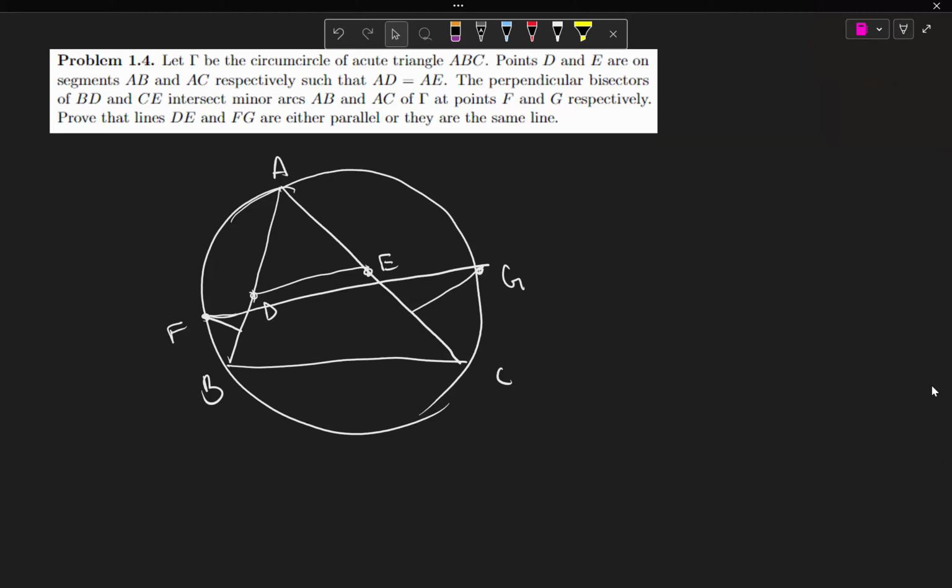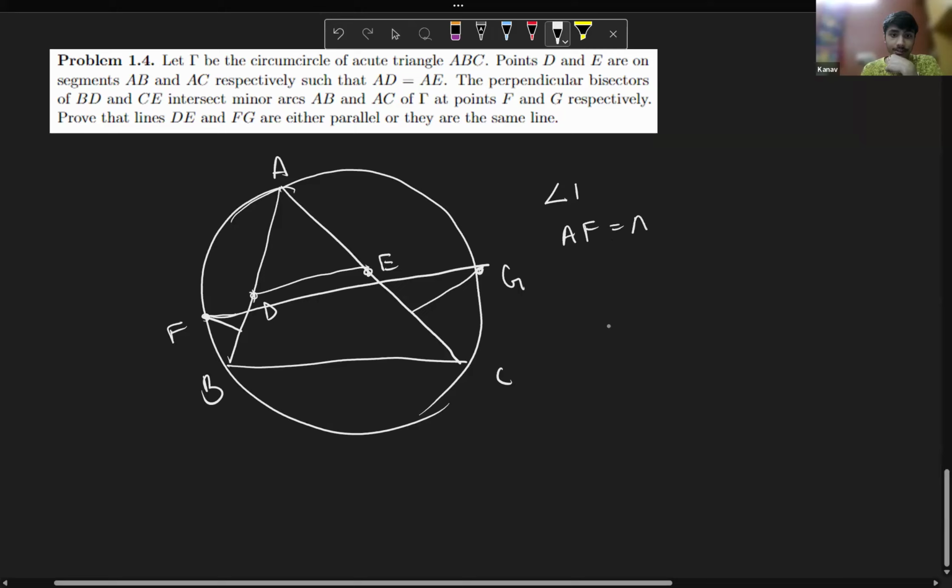So if we look at the idea from the previous problem, it's almost the same. Since we have to prove FG is parallel to DE, it's equivalent to proving AF equals AG.